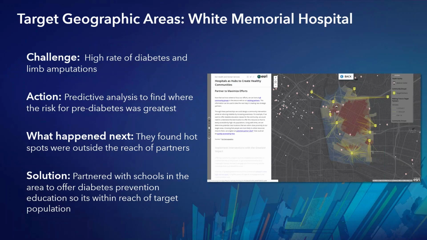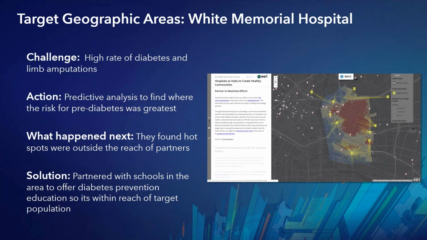They were very interested in a small section of their overall member network, a Hispanic population that was more at risk for diabetes. So they ran through a similar type of analysis to determine the 10 best partners that could best serve that community and get the message out related to diabetes awareness and prevention.